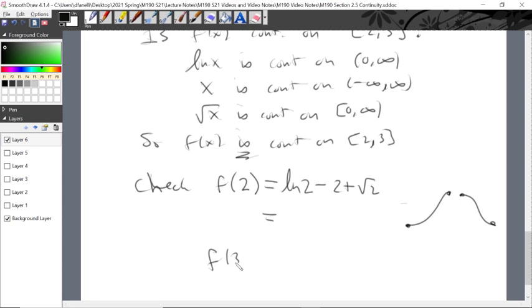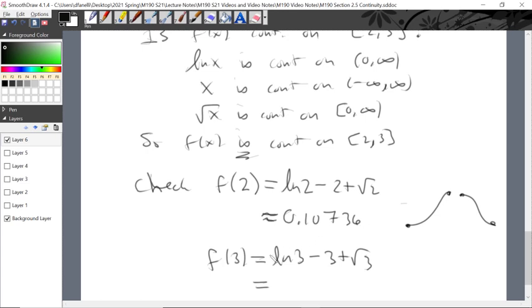We can find out what that equals, and also check out what f of 3 is. So we're checking f of b, on the other endpoint. That would be the natural log of 3 minus 3 plus the square root of 3. Let's find out what those are equal to. Using the scientific calculator, we get that f of 2, natural log of 2 minus 2 plus root 2, is approximately 0.10736, and it goes on from there.